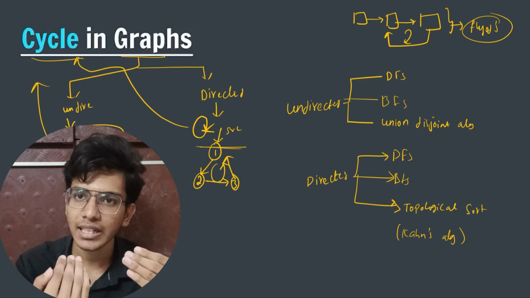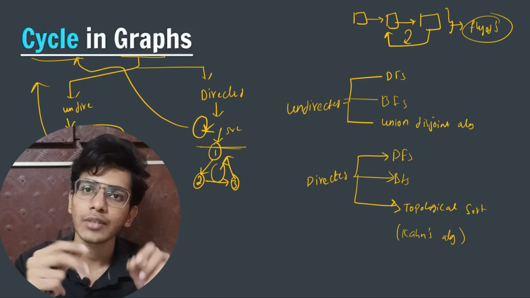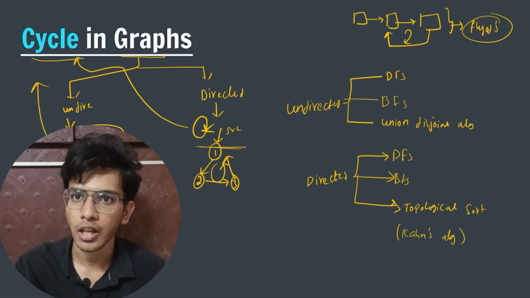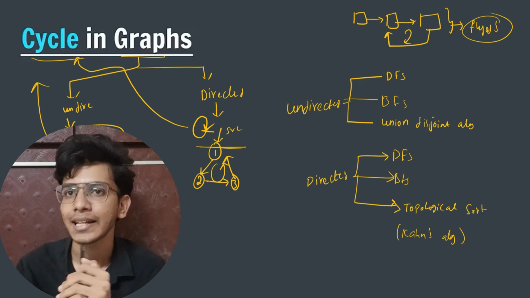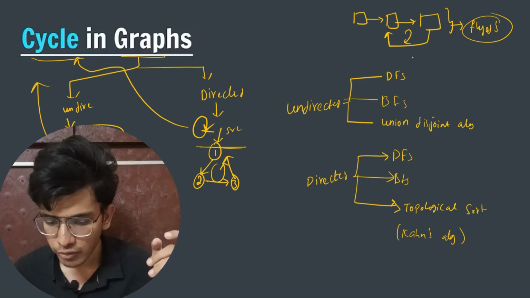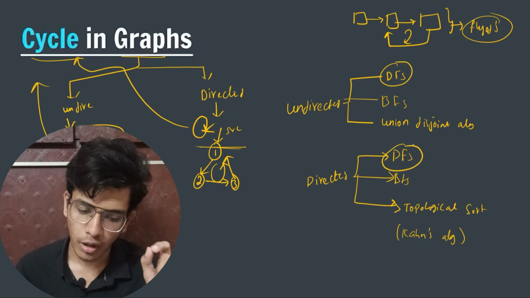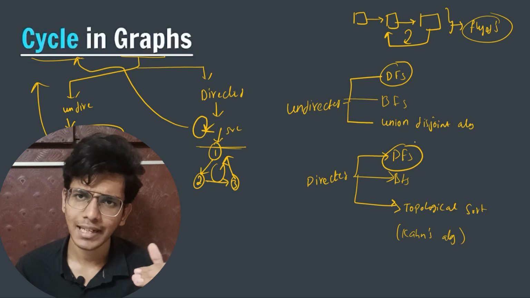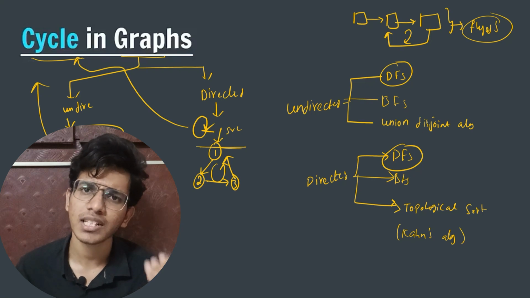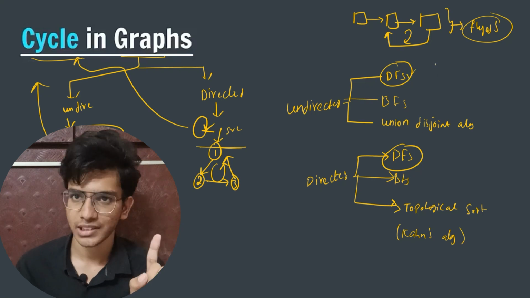These are the different algorithms that we use to detect cycles in both directed and undirected graphs. In this session, we will see how we can apply DFS for directed and undirected graphs and how we can detect whether a cycle exists or not using the DFS algorithm.